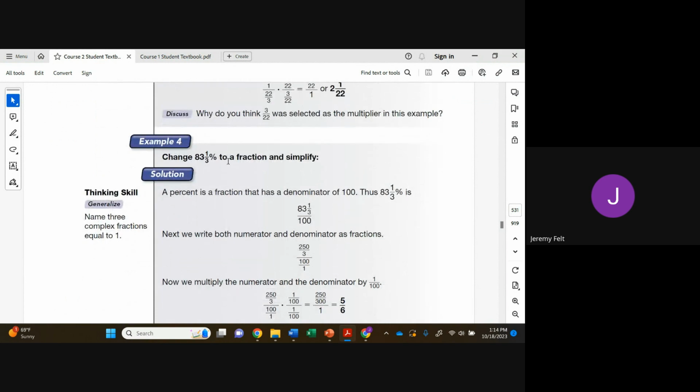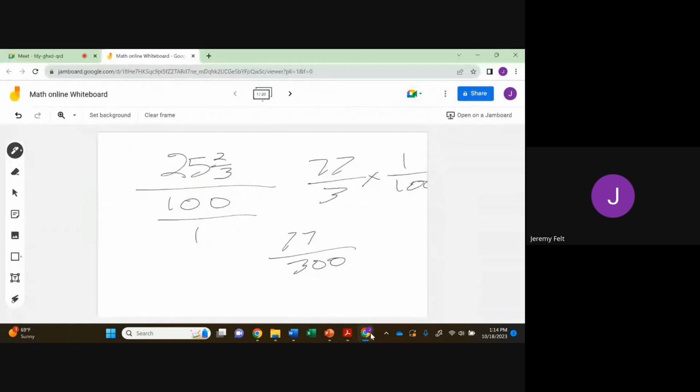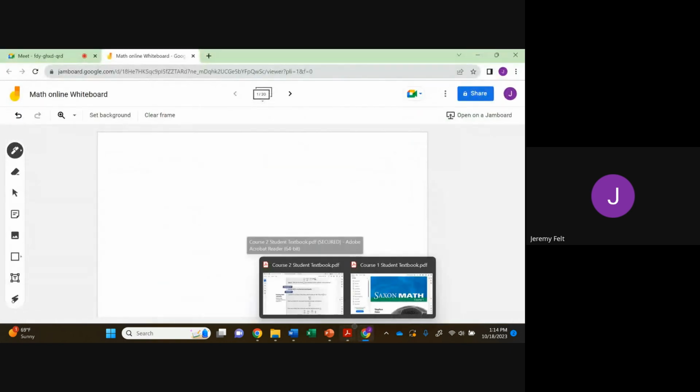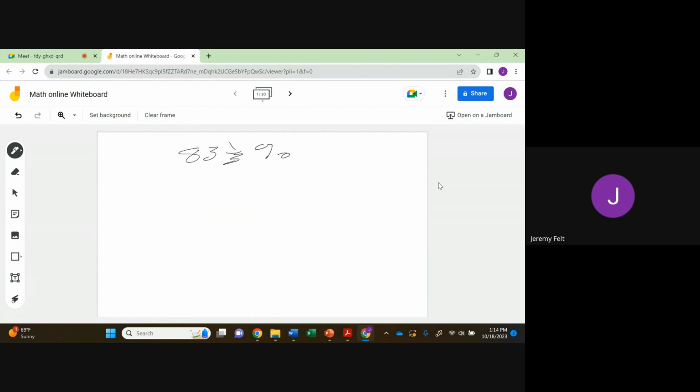Okay, this is where sometimes when we have fractions in our percents or decimals in our percents, it makes it a little bit confusing. What do we do? But if we want to find 83 1/3%, I'm going to write that as a number.